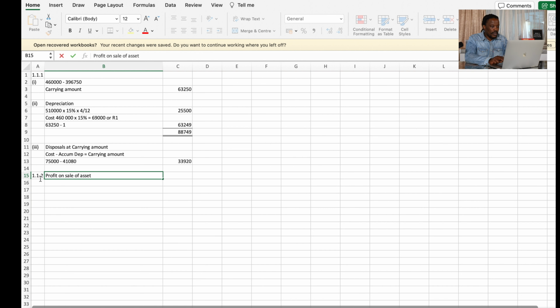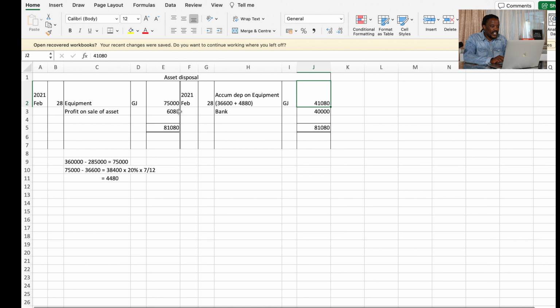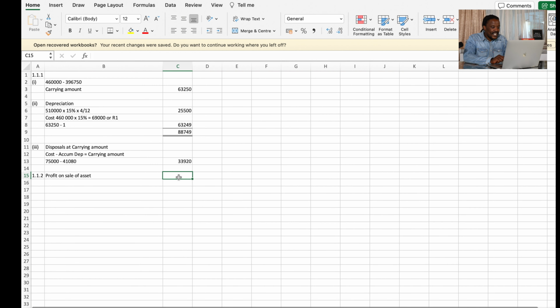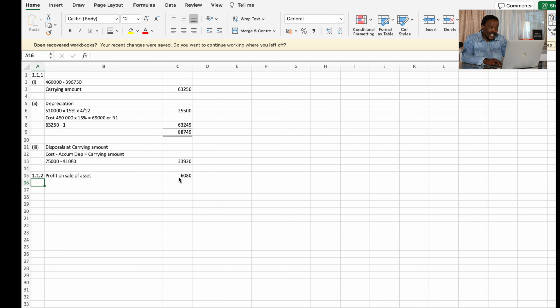How much was that profit? Here it is on the general ledger, 6,080. You don't have to calculate it again. That is why sometimes you have to do this asset disposals account. You have to do the general ledger account so that it gives you a quicker and clearer indication, and as you do your answers, it becomes easy. It becomes the guidance for you.